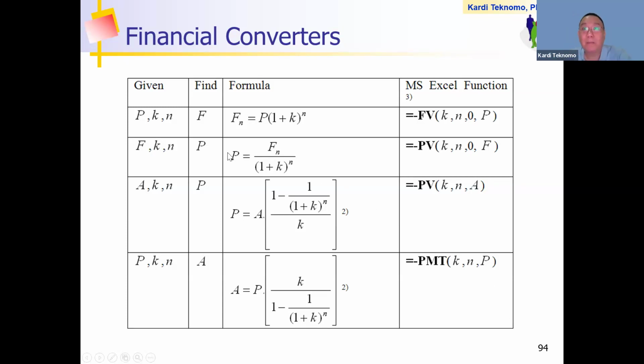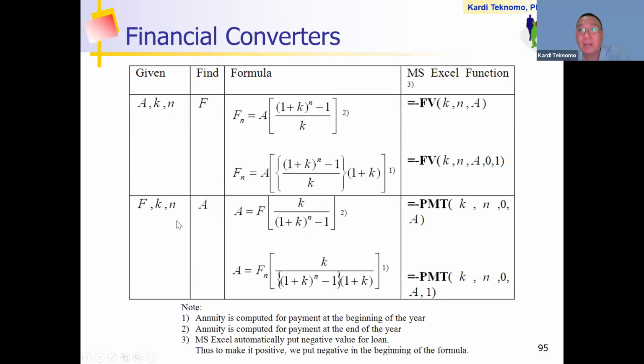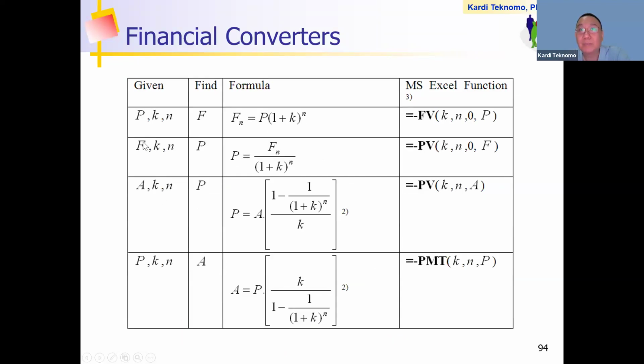So I have 6 formulas here. P means the present time, K means the interest, N is the time. F means the future. A is the annuity. That's simple. And if you know the present, K the interest and the time, and you want to find the future, this is the formula.